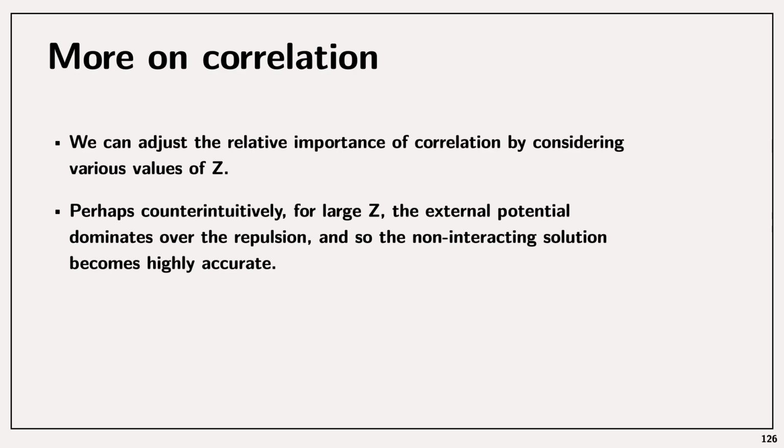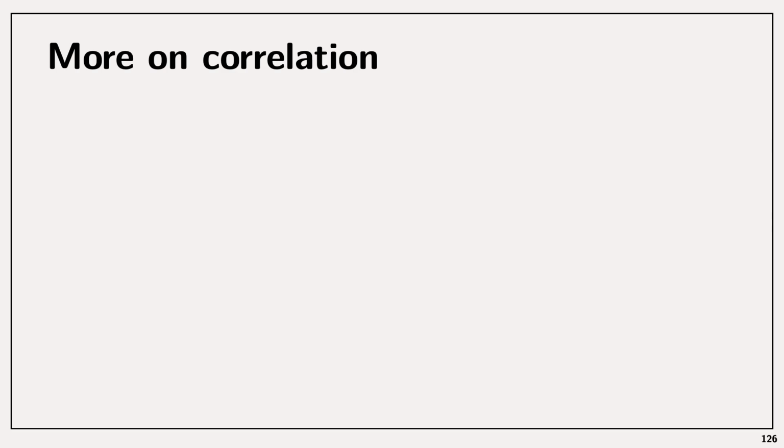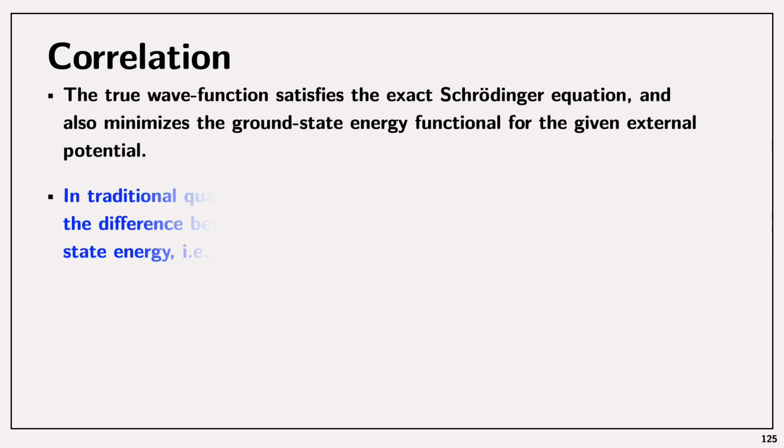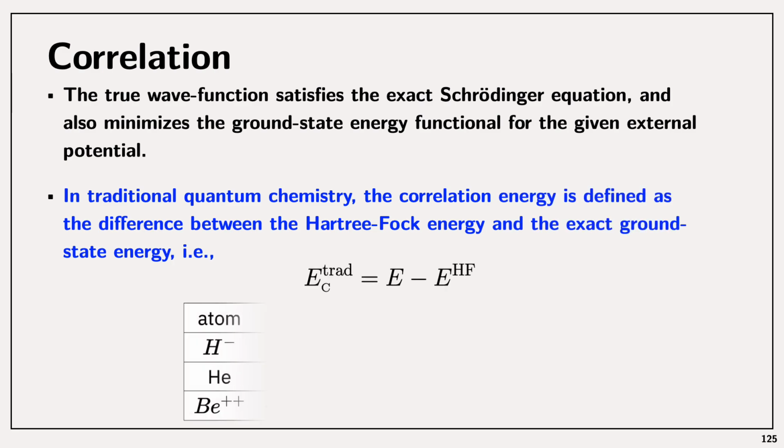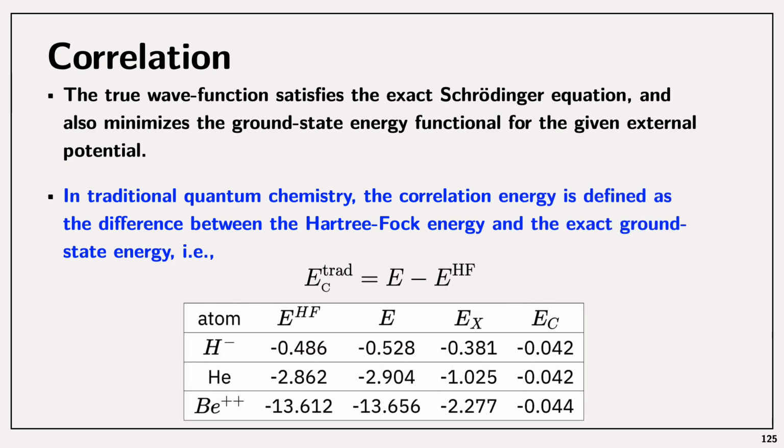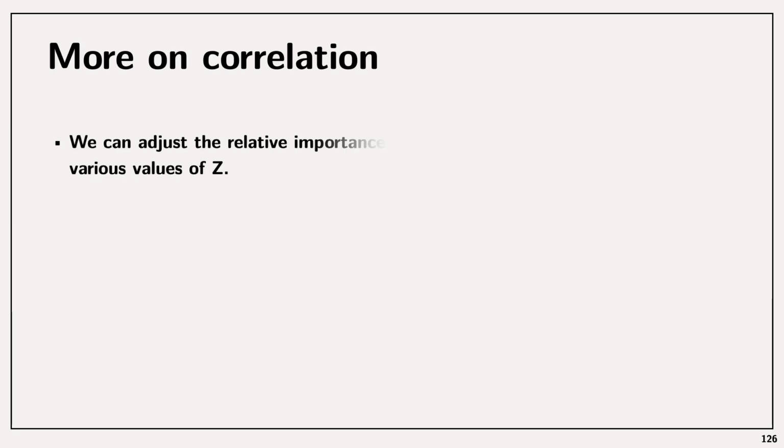And again, I'm just going to show you the table from the previous slide right here. The error we make, the correlation, is 0.004 over 13.6 for beryllium plus plus, while it's 10% for H minus, for example. That's what we mean by that.